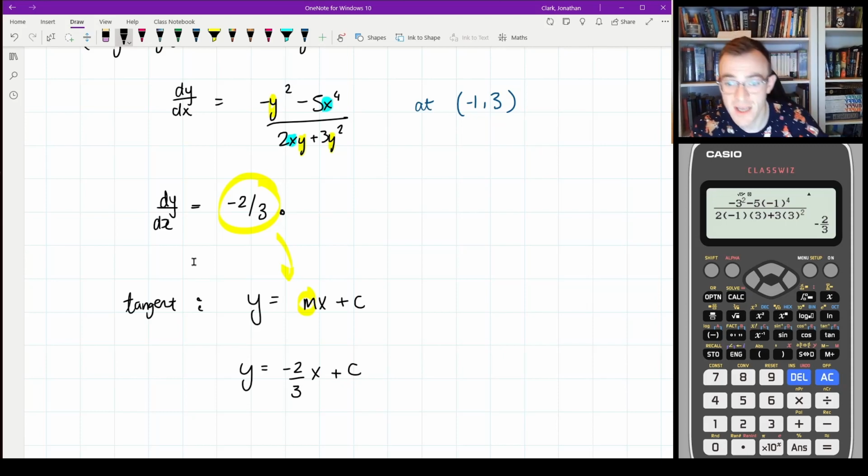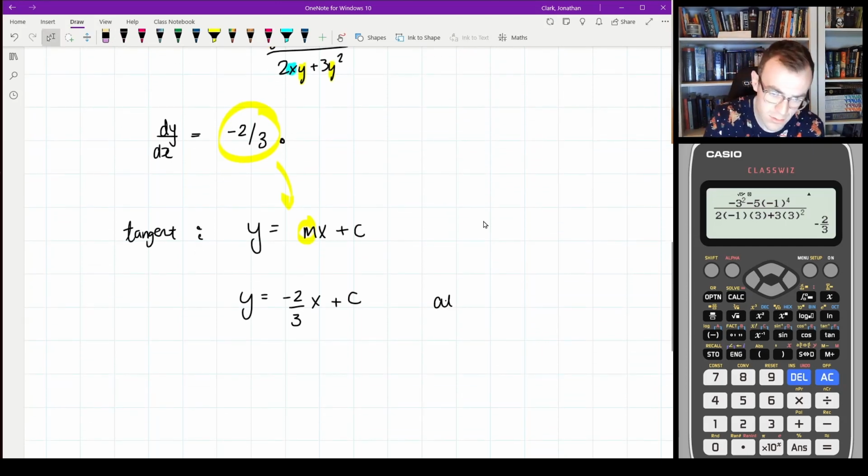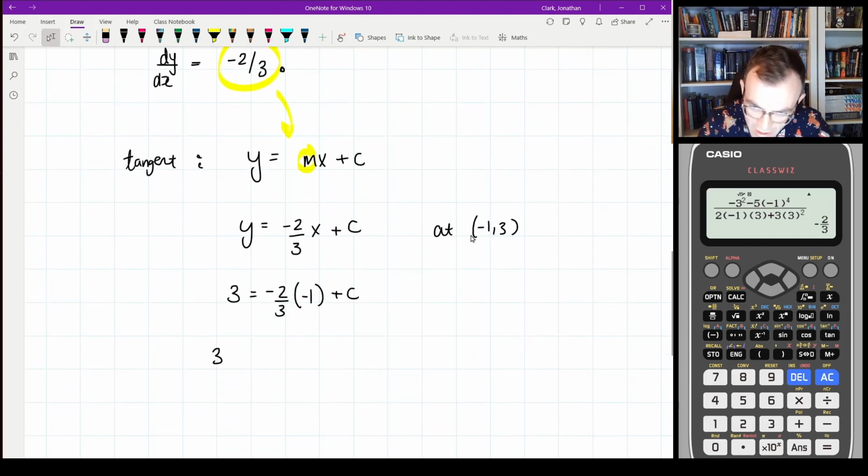The other thing I know about this tangent is it passes through this coordinate, minus 1, 3. So I'll sub those numbers in, 3 over here, minus 1 there, and I'll get the c value, and I think it's going to work out as 7/3.